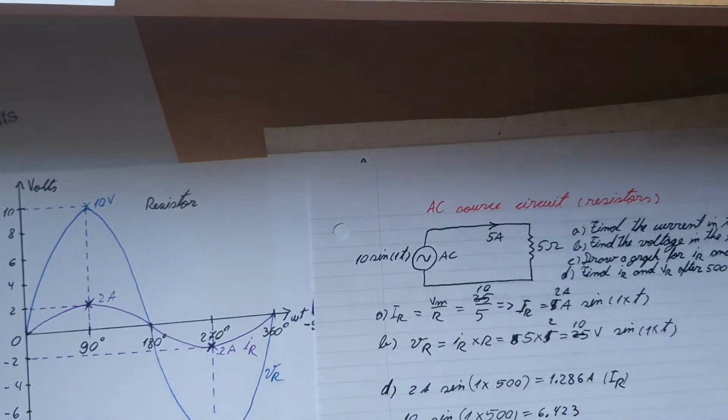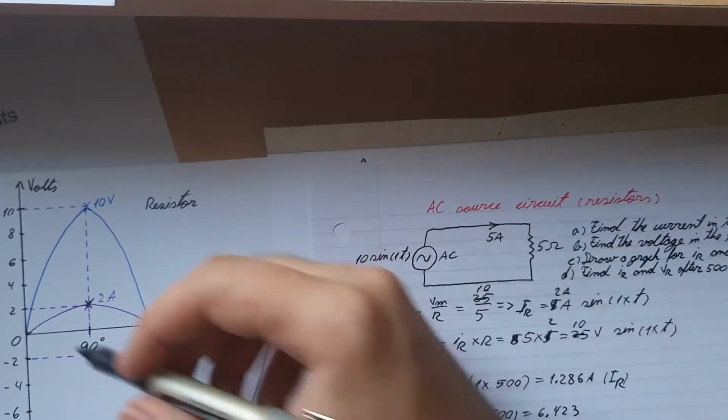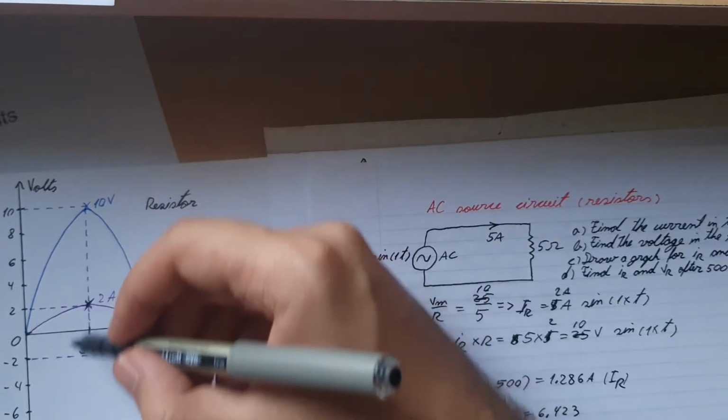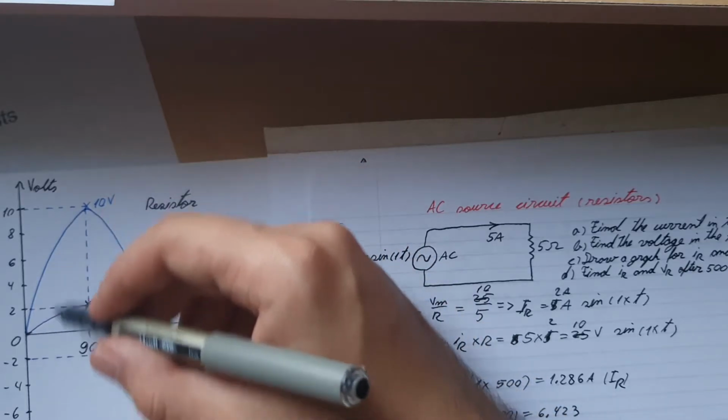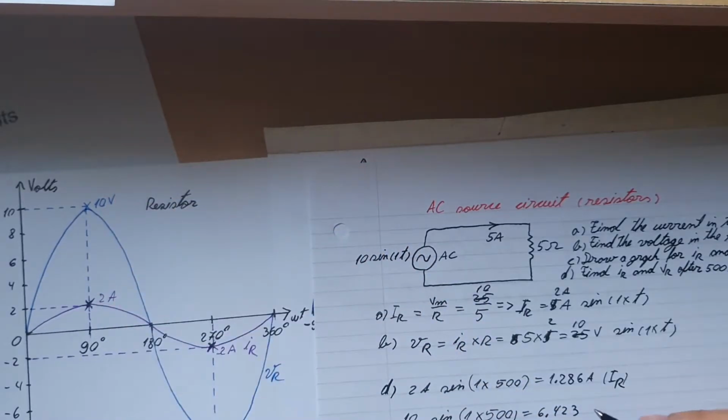Again, it's literally around the same area. It will be in a straight line here, because there is no phase between them, so they are at the same angle all the time. So that would be 6.423 volts for VR.